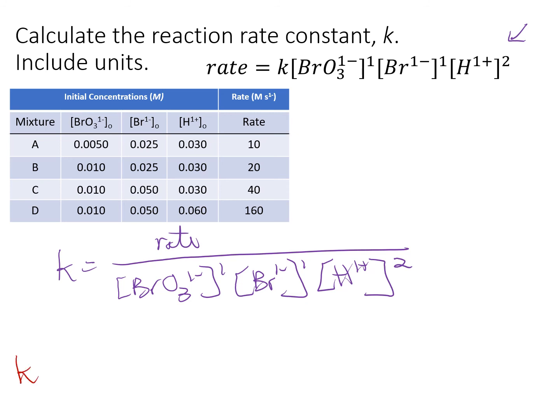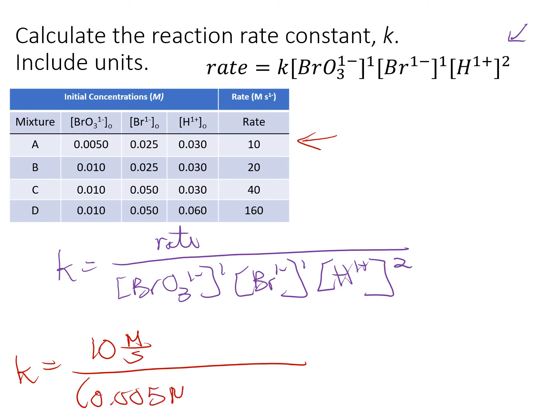So K is equal to, and I just took the first one, 10 molar per second divided by 0.005 molar raised to the first. The bromide is 0.025 molar raised to the first.